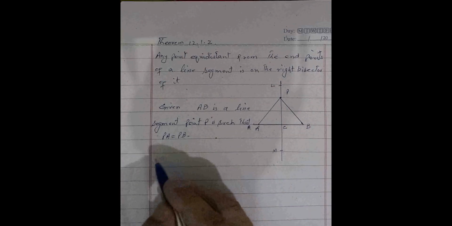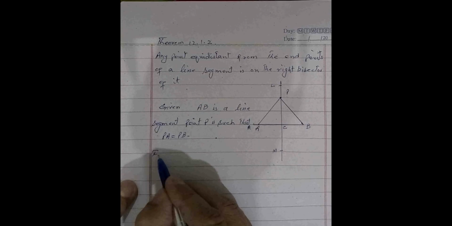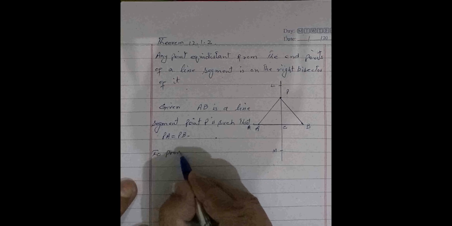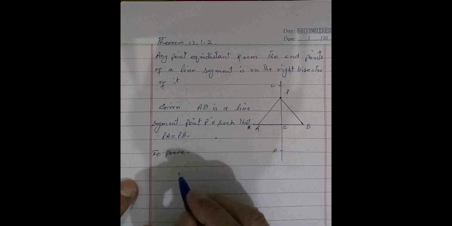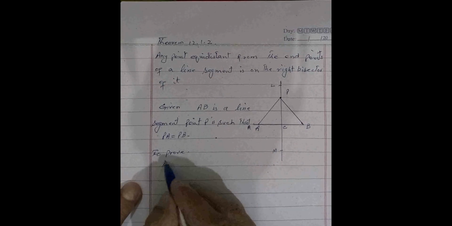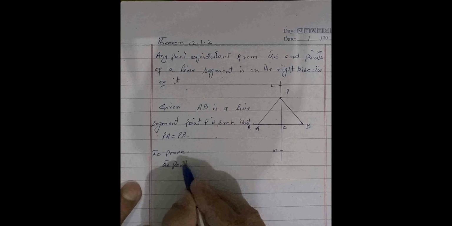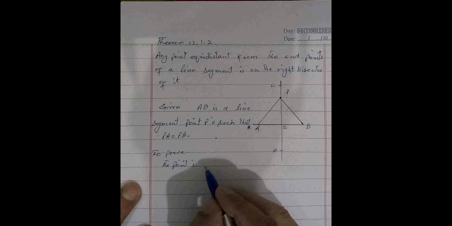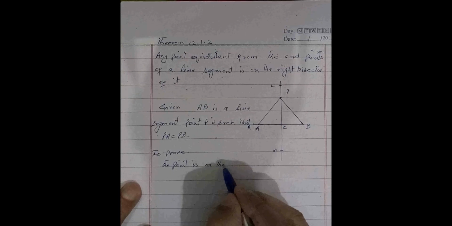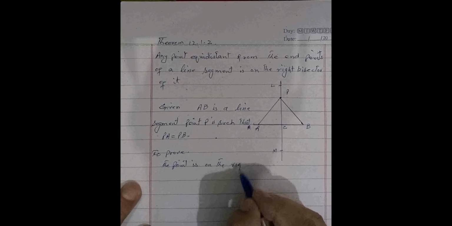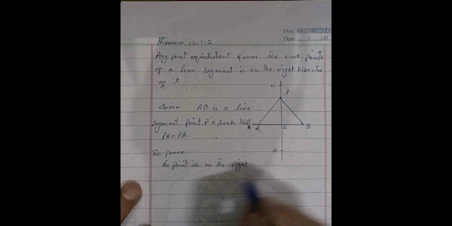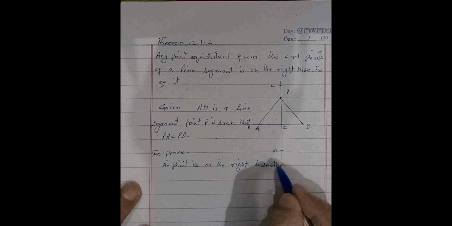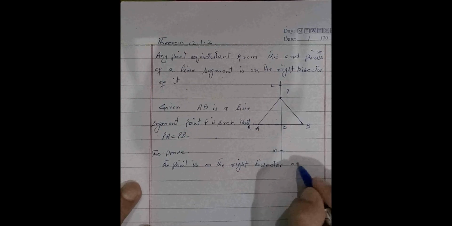We have to prove that the point P is on the right bisector of AB.